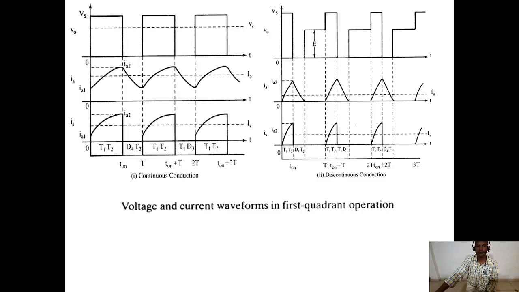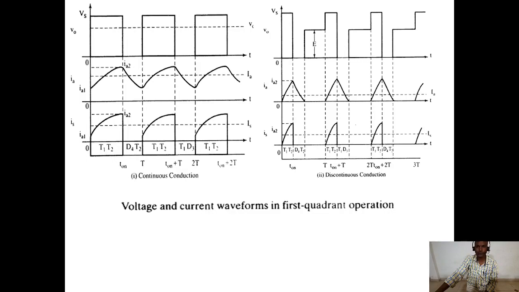The same shape of curve continues between T to 2T, and similarly from 2T to 3T. So this is the continuous conduction mode for first quadrant operation, and the second sequence is called discontinuous conduction mode.